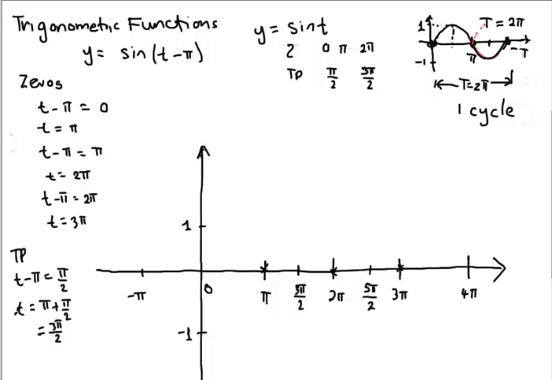Now, what we've got to do is just to mimic exactly the same thing which happened from there. That is our starting point. Up, maximum, down, 0, minimum, up, completing one cycle.